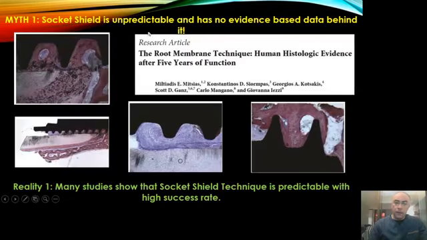Recently, a Greek group, Mitsias and my good friend Kotsakis and some friends, had a chance to retrieve one implant from their socket shield cases after the patient had an accident, unfortunately, and they had a human histology showing the integration between the implant and the bone, even with the presence of the shield.